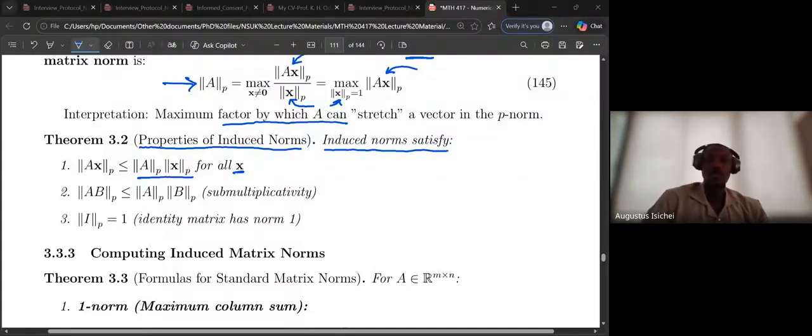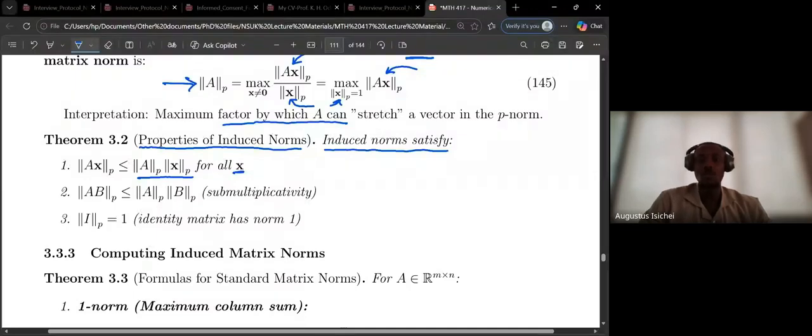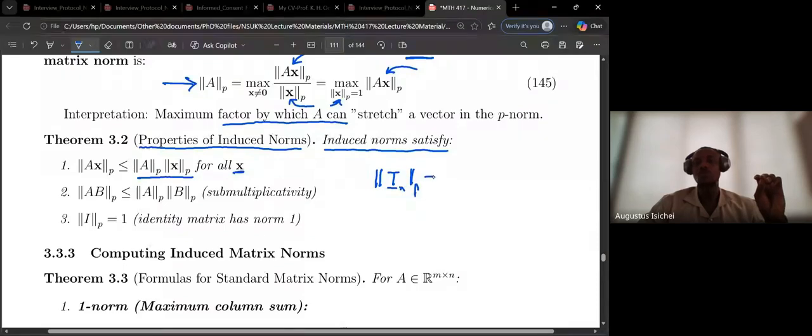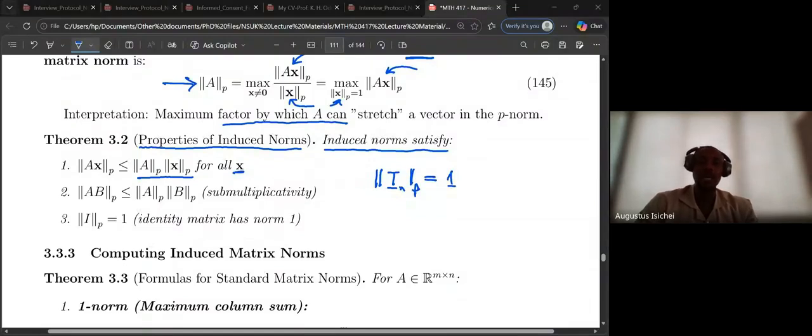And the third property of an induced norm is that when you take the norm of the identity matrix subscript P, that norm must always be equal to 1. That is, the identity matrix has a norm of 1. And that is expected, because the identity matrix is just a matrix with values that run across the leading diagonal equal to 1.